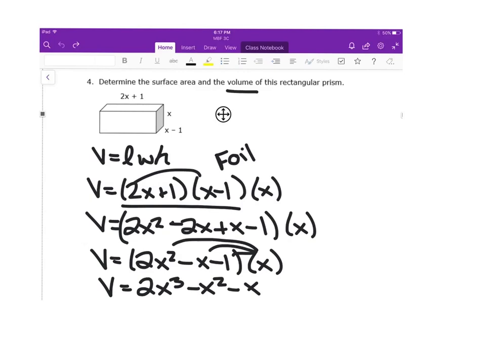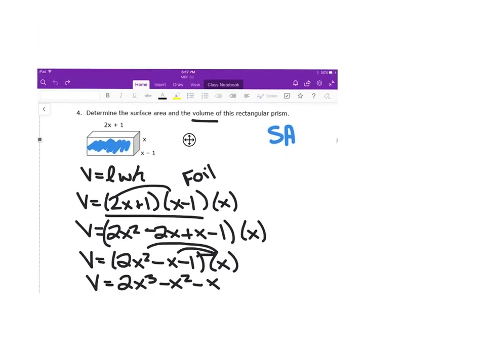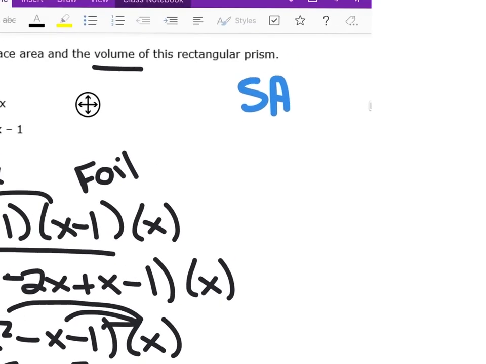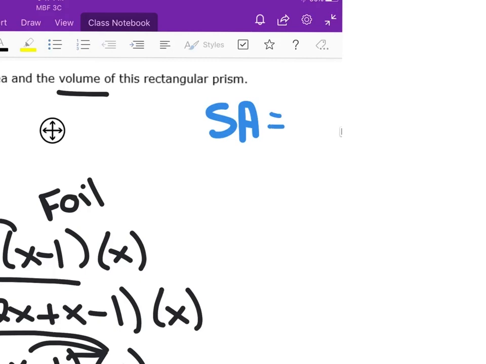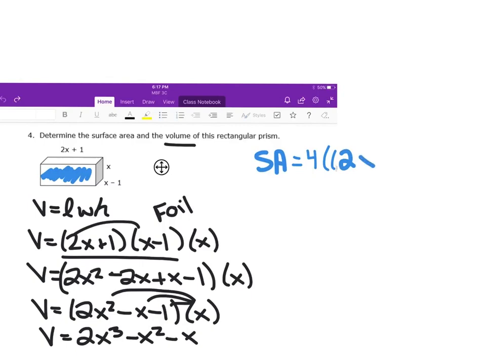Surface area is a little bit different. So of this side, you have 4 of that side. So for surface area, we're going to be looking at 2 ways to do it. So we're going to go, we have 4 times, in the brackets, the 2x plus 1 times x minus 1.